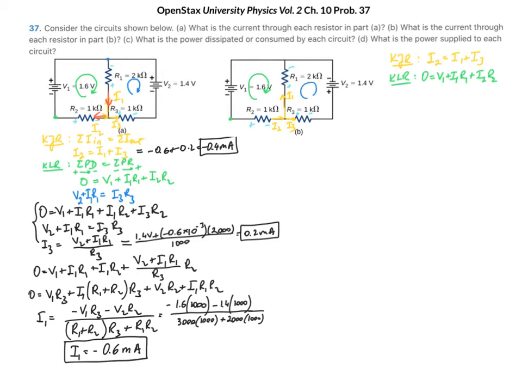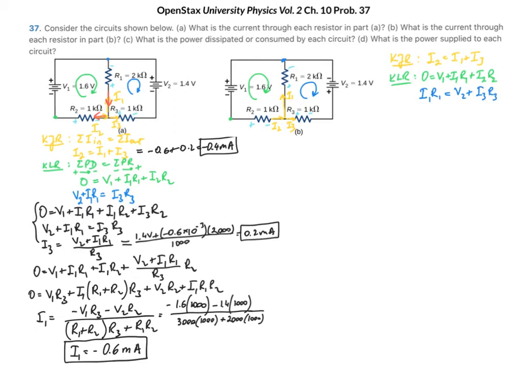So if I go this way, starting at that point, what is changed is the V2. Here it was a drop, there it's a rise. So I'm going to have to put that on the rise side. So we have I1 R1 as the only drop, and then on the rise side I have V2 plus I3 R3.